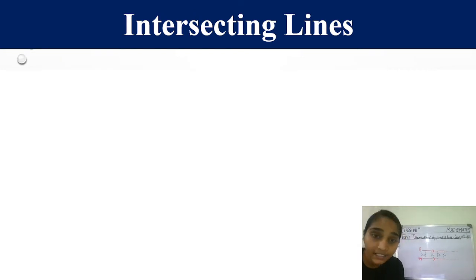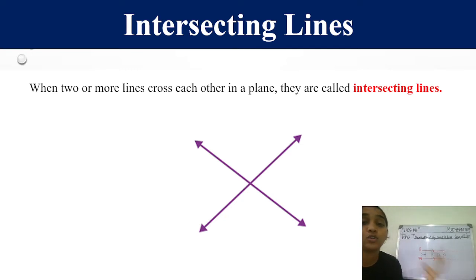So now, students, we are talking about intersecting lines, the types of intersecting lines, because we have to discuss the transversal of those lines. Intersecting lines are lines when two or more lines cross each other in a plane. You can take the example, if I have these two lines in the form of these pens, these two lines will cross each other in a plane like this.